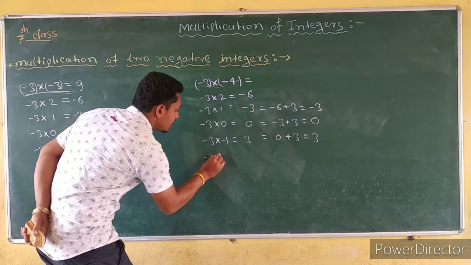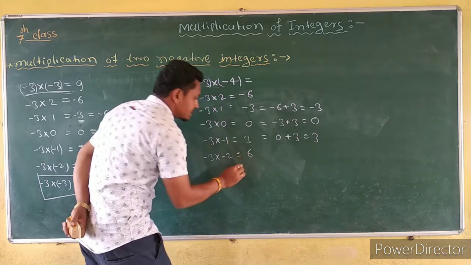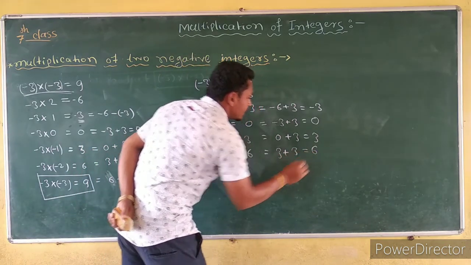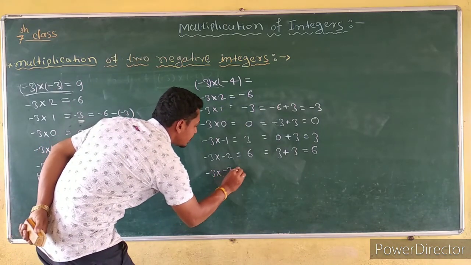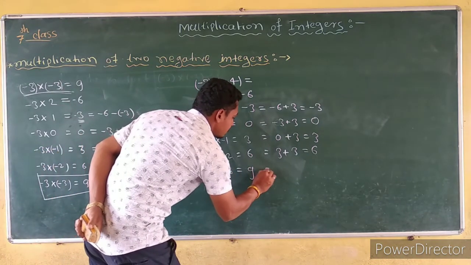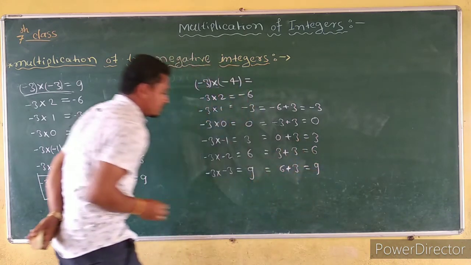Next, minus 3 into minus 2 is equal to 6. So 3 plus 3 is equal to 6. Next, minus 3 into minus 3 is equal to, see here, already we saw minus 3 into minus 3, 9. And here 6 plus 3 is equal to 9.